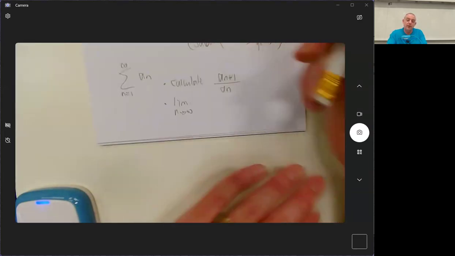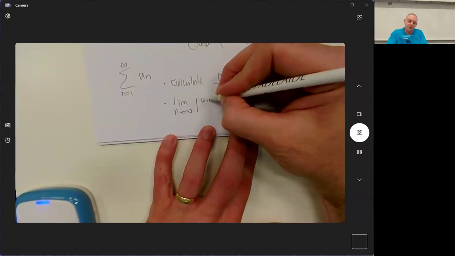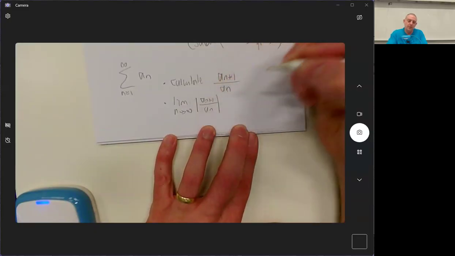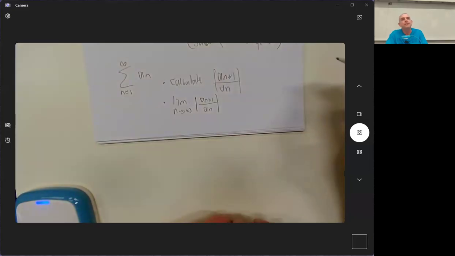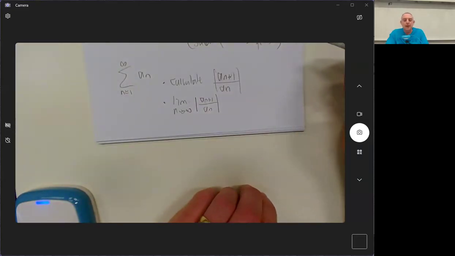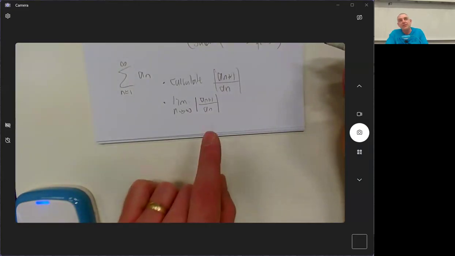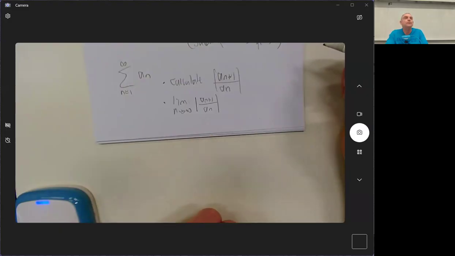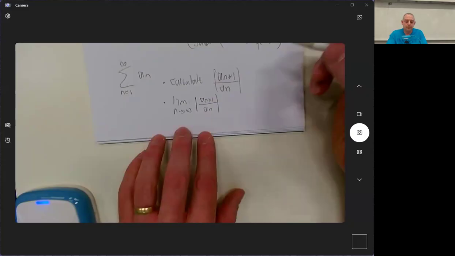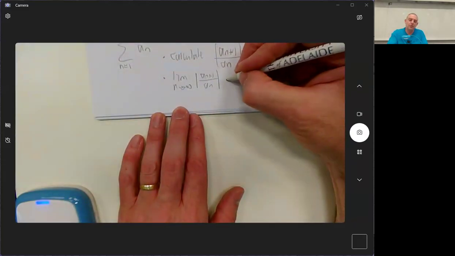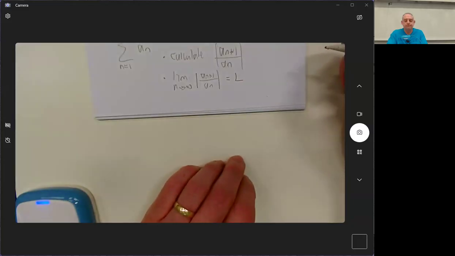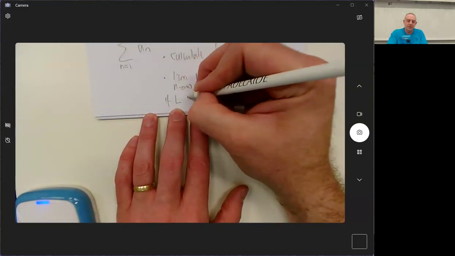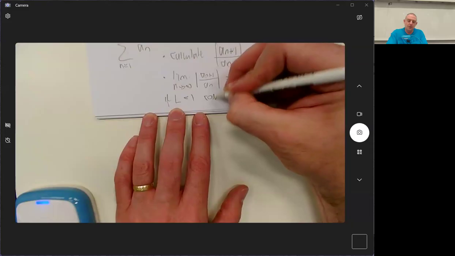And actually you want to do the limit of the absolute value of that as n goes to infinity. So technically you want this. And then, if that answer exists and is less than 1, then it'll converge. I shall call this L. So if L is less than 1, converge.